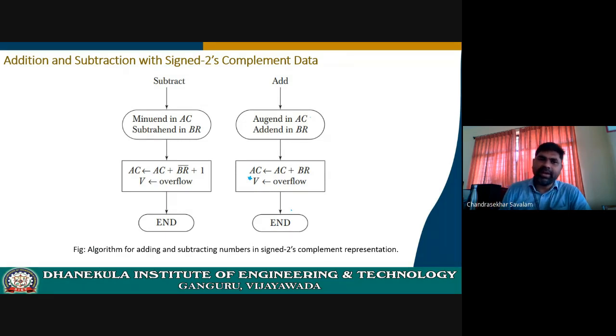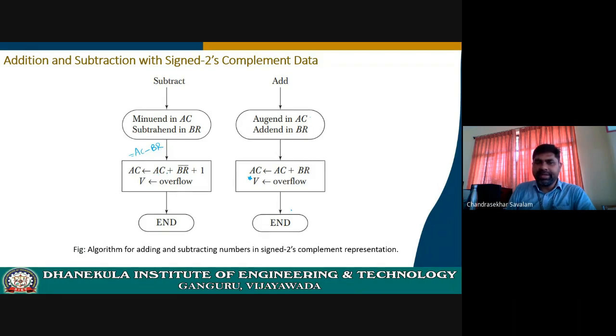Understand, students? And coming to subtraction, you need to load the minuend to the AC register and the subtrahend to BR. Then AC minus BR must be carried out by taking the 2's complement of BR. What is the 2's complement of BR?